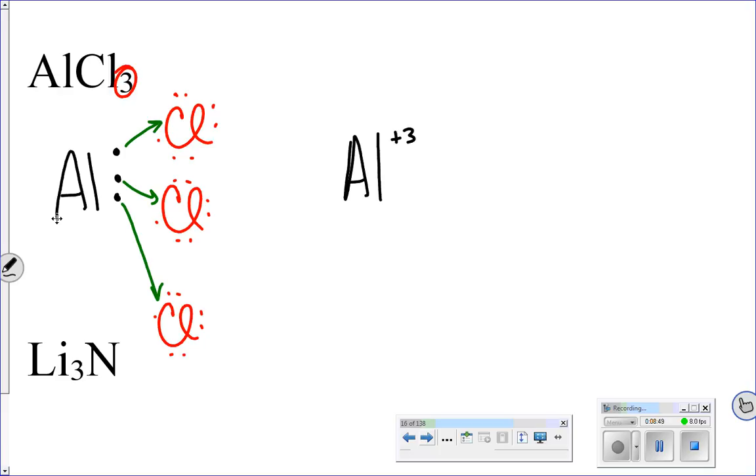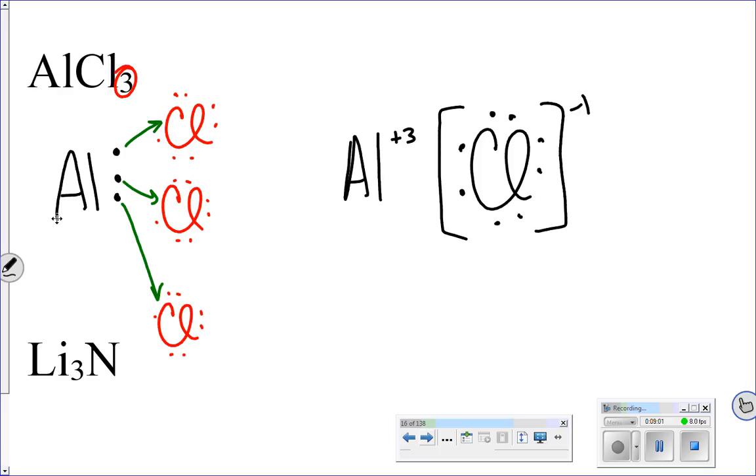This is a really nice time to use a bracket because each of my chlorines now has 8 valence electrons. Each of my chlorines has that -1 charge. If I throw a bracket around this guy, I can put that -1 charge out there. I do need to show that there are 3 of them, which is just coming from the compound that they gave me. So I am going to toss a little 3 right there.